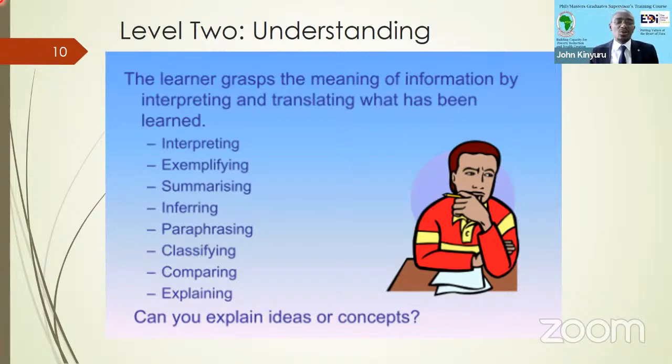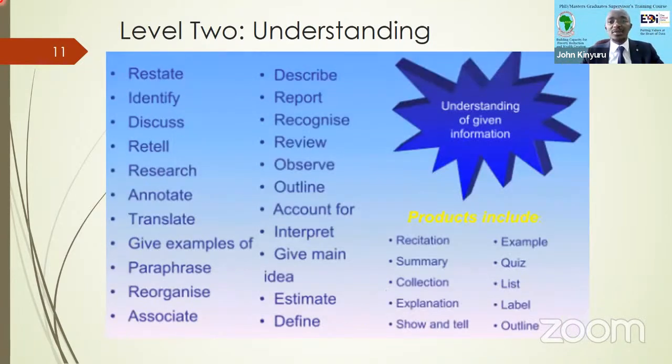You want them to start explaining, okay, why is milk a better source of vitamin A compared to a green leafy vegetable like sukuma wiki or spinach. Okay, so at this level, you want them to start explaining ideas and concepts.